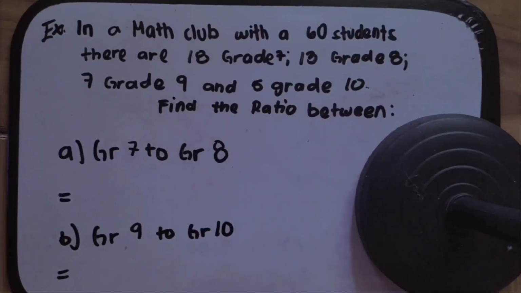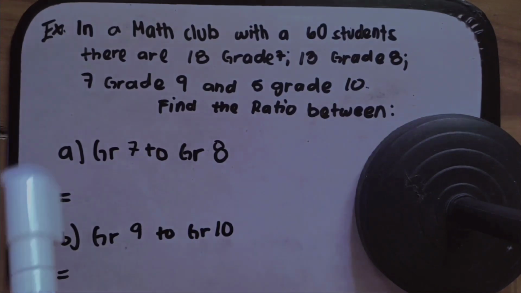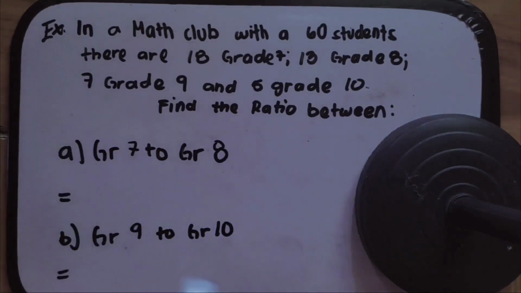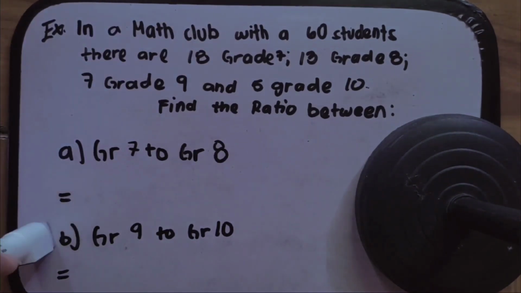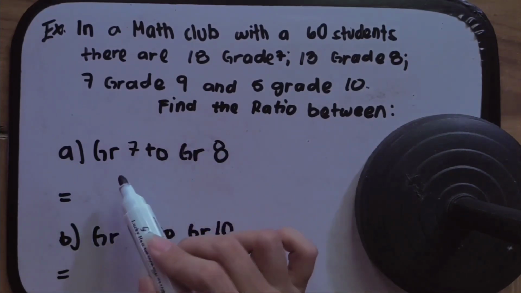Let's start with our first example. In a math club with 60 students, there are 18 grade 7, 13 grade 8, 7 grade 9, and 5 grade 10. Find the ratio between letter A, grade 7 to grade 8, letter B, grade 9 to grade 10. Simulan natin sa letter A. So, hanapin natin kung ilan ang meron sa grade 7.